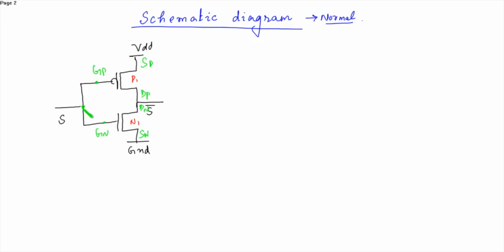So at this terminal, we obtain the select input, and here it is select bar. This is the output S bar. Okay. Now this is given to the transmission gate.